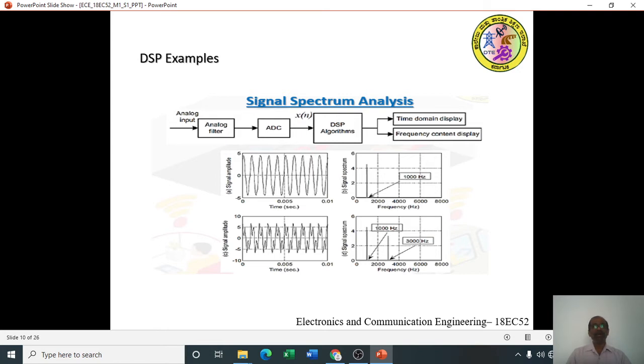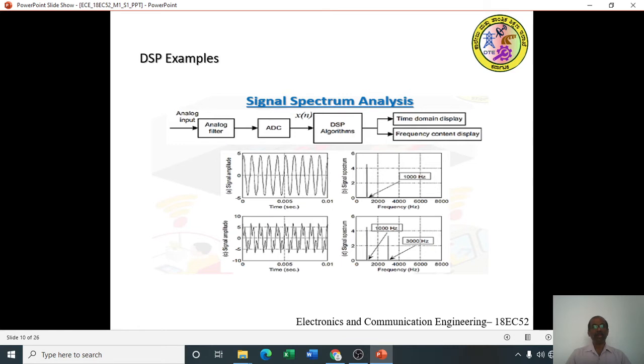Once our analog input is filtered, we'll convert them to digital using A to D converter. While converting, it's very important that sampling theorem condition must be satisfied. The output of this ADC is discrete time signal x of n. I'll pass it through DSP algorithms or DSP processors. This processor will work as the logic you have implemented, maybe a FIR filter, maybe computing DFT, FFT, wavelet transform.